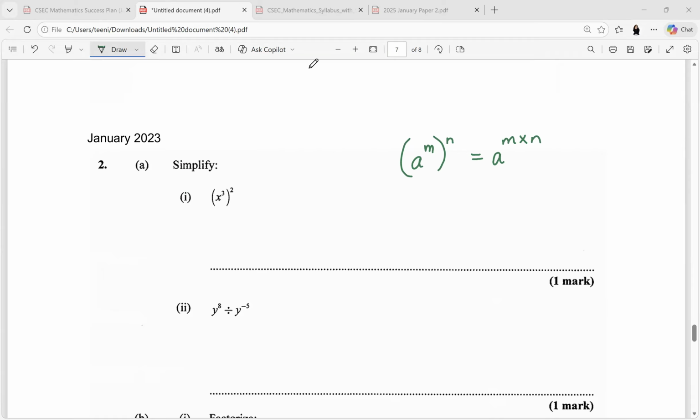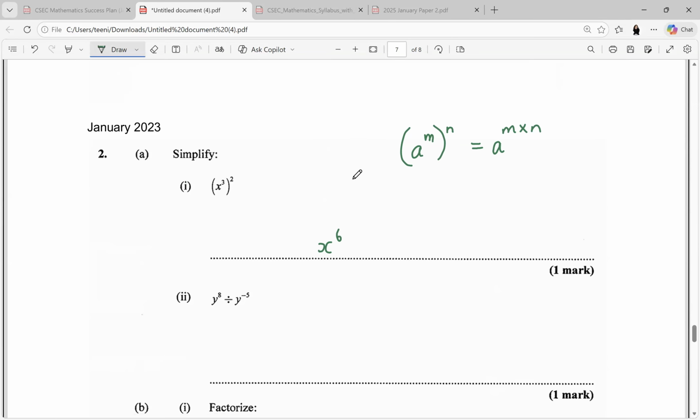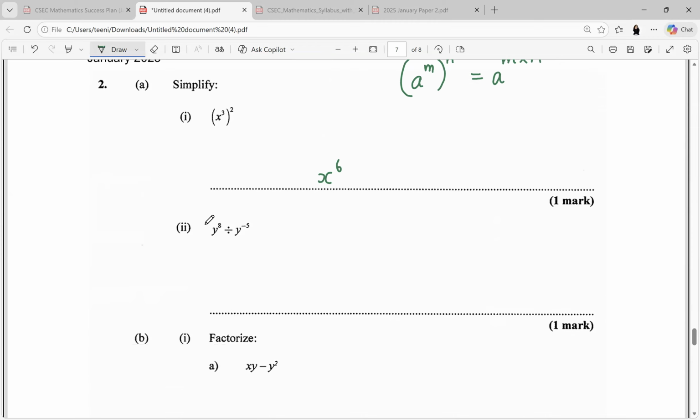Shaniqua? Will it be x to the power of 6? That's right. It'll be x to the power of 6, because it'll be x to the power of 3 times 2. Yay, good job.